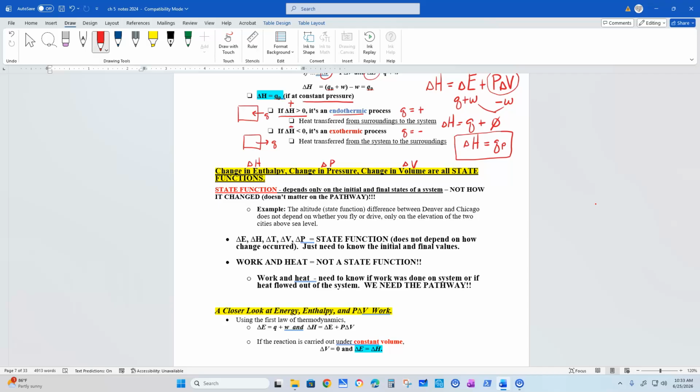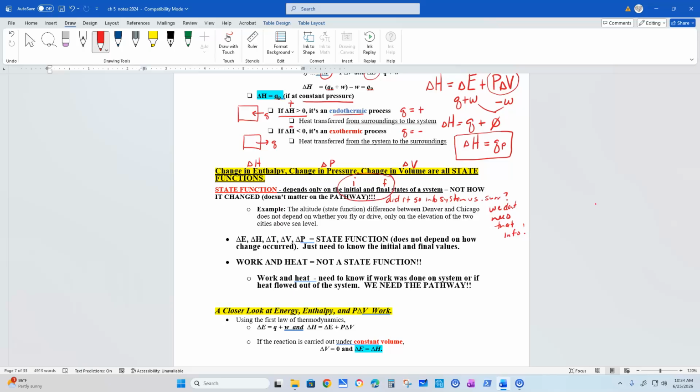A state function depends only on the initial value and the final value of the system, not how it changed, as in it doesn't matter what the pathway is. So we don't need to know, did it go into the system or surroundings? Okay, we don't need that info. We only need two values. We need to know how it started and how it ended.